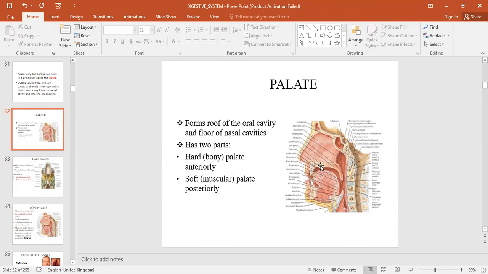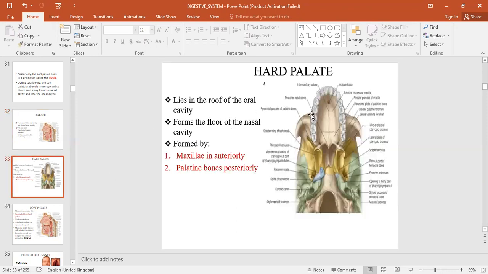Anteriorly, the palate is made by bone. Of course, that is covered by membrane inside there. So this is the hard palate. Two bones make up the hard palate. We have what we call the maxillary bone and the palatine bone.